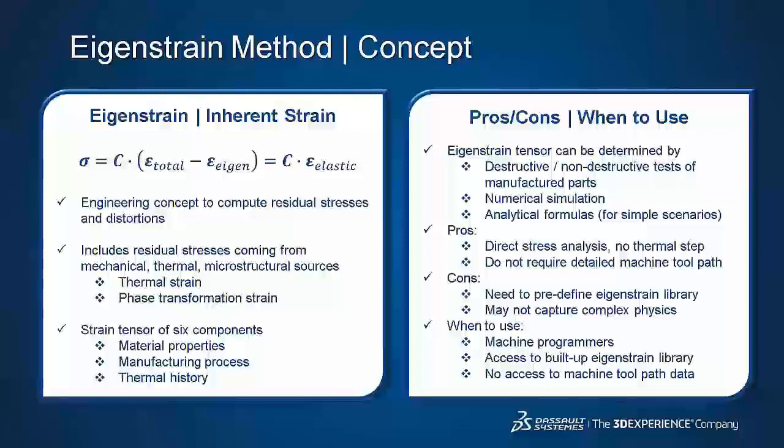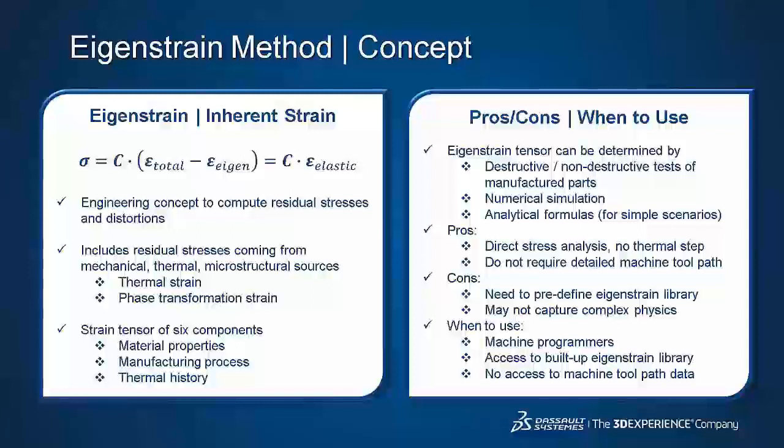There are various methods that can be used to determine the appropriate eigenstrains, for example, destructive or non-destructive tests of manufactured parts, numerical simulations for the thermal strains, or analytical formulas, but only for simple scenarios. Once an appropriate eigenstrain field has been determined, it can be applied in a layer-by-layer simulation to predict the residual stresses and distortions for 3D printed components.